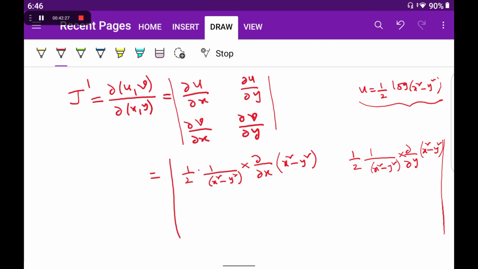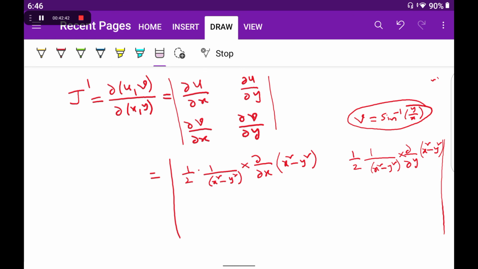Now dou v by dou x. V is sin inverse y by x. What is the derivative of sin inverse x?